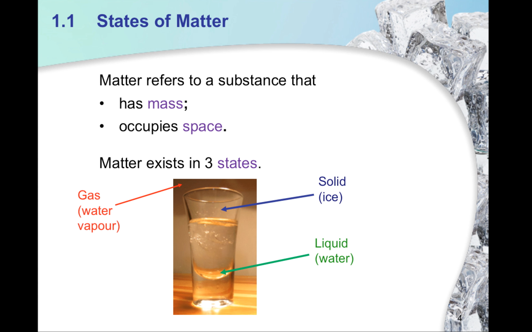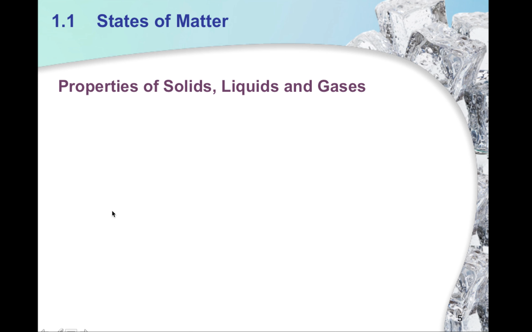So there are three main states of matter. They exist mainly in the form of solid, liquid, or gas. Later on, we will explore the process to change the state from solid to liquid, followed by from liquid to gas, and vice versa.